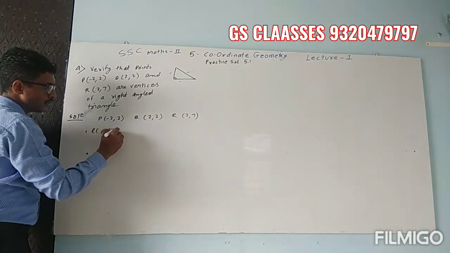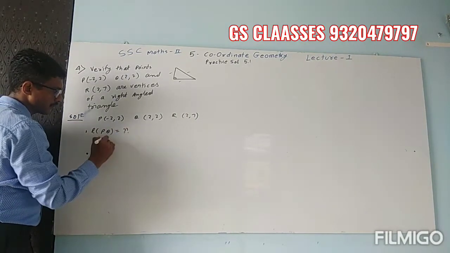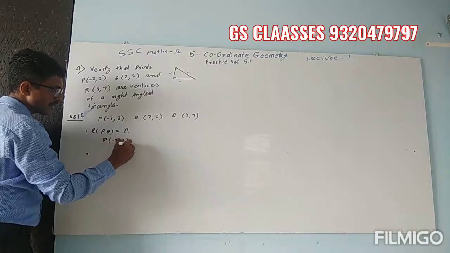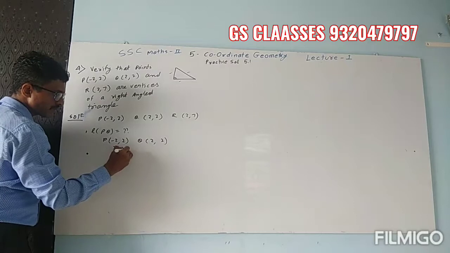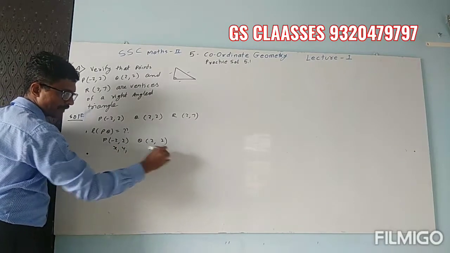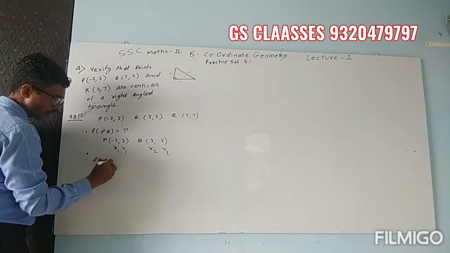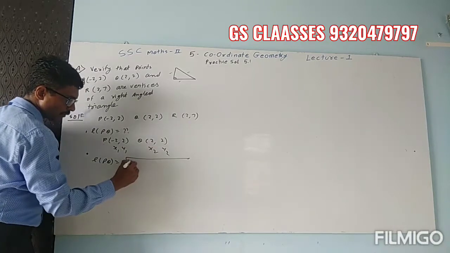Length PQ we have to calculate. So P is this value, Q is this value. Consider x1, y1, x2, y2. Write the formula for PQ. What is the formula?